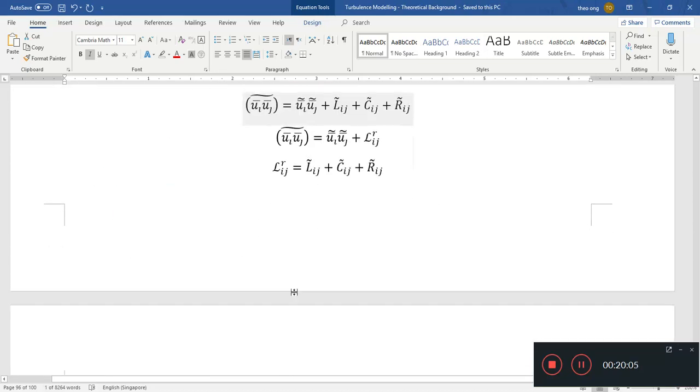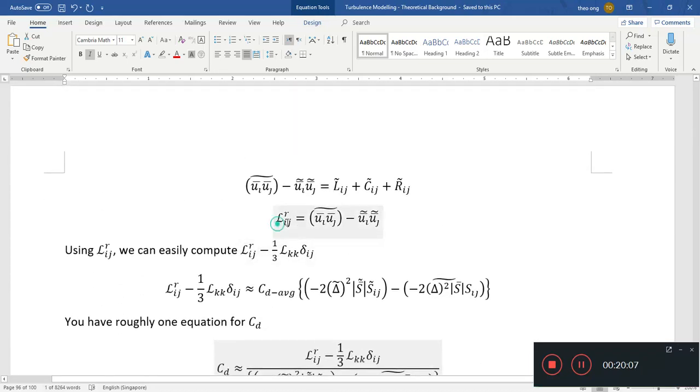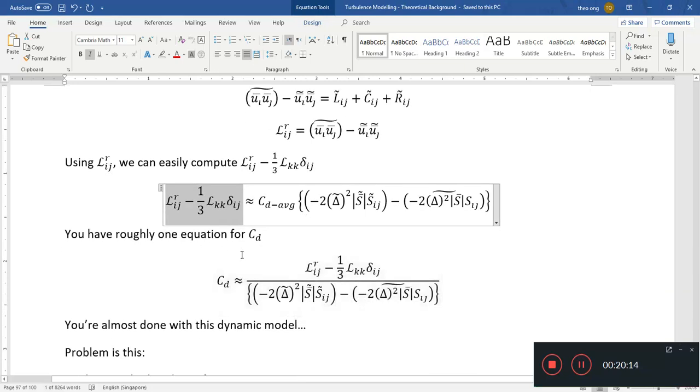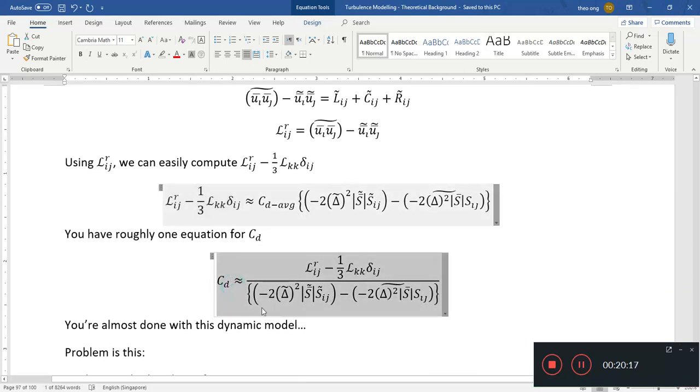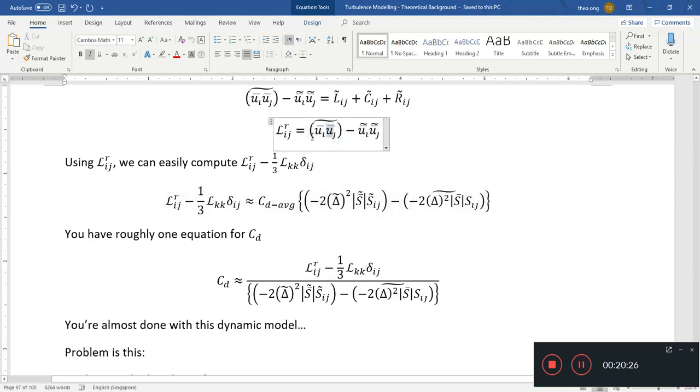If you know this, you will know this, and then you can find this value here. And roughly, you will have one equation for CD. So CD, you can approximate it as this term over here, which you will just compute using the difference of these velocities, and then you edit the matrix a little bit to make the deviatoric part come about.